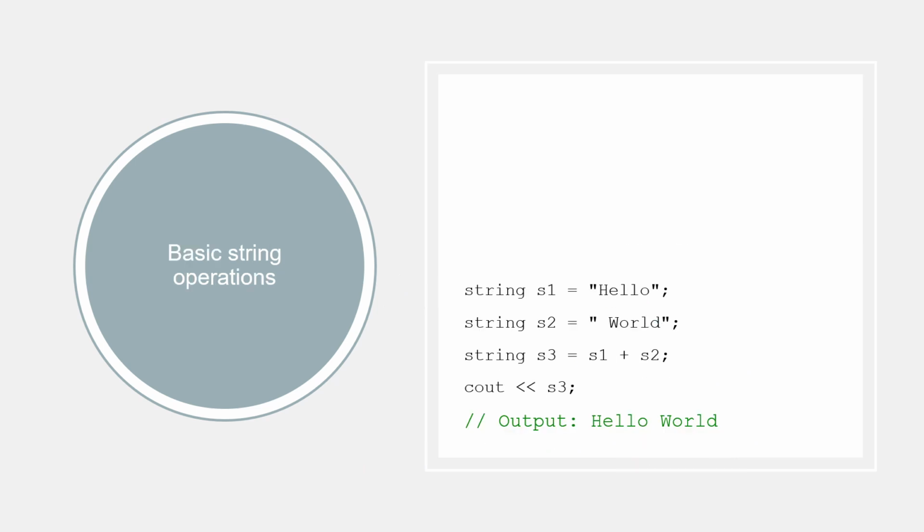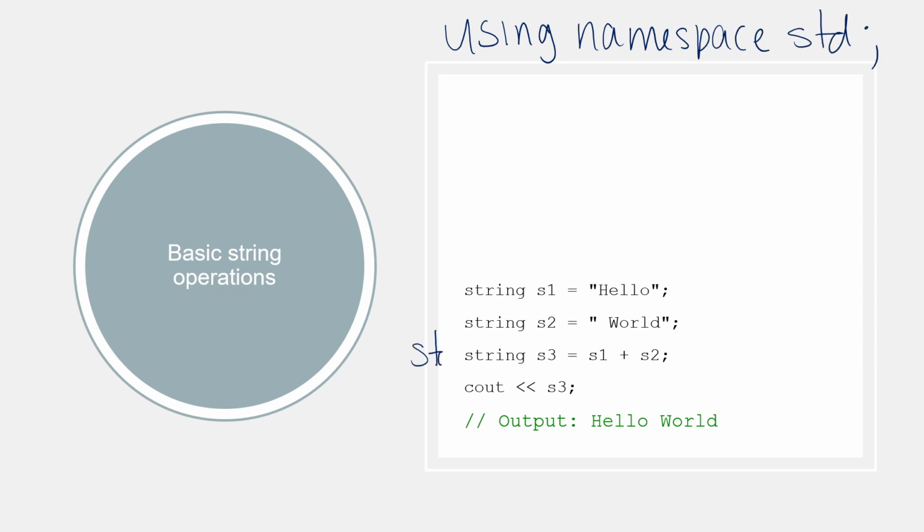All right, so here's how you declare a string. Now keep in mind that you have to use using namespace std. If you don't use using namespace std, then you're going to have to put std and the scope resolution operator when you are using strings. So I'm assuming that we have using namespace std and that we also have #include <string>.